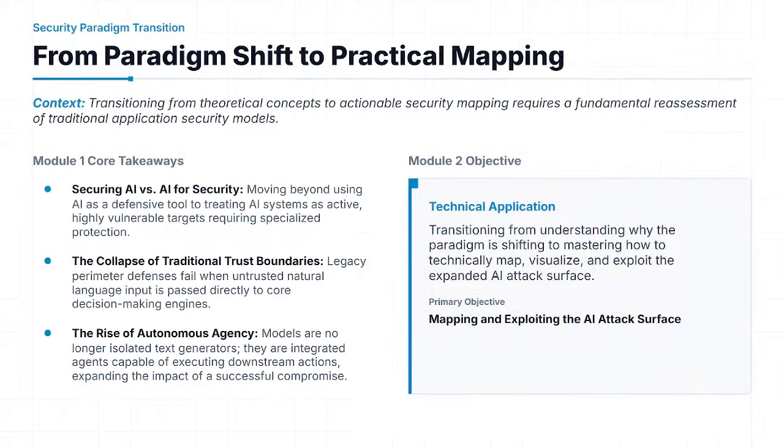So, in the last Module 1, we dealt with the paradigm shift from traditional cybersecurity approaches, the differences between securing AI and AI for security. Is AI the target or is AI the orchestrator of a cyber attack?